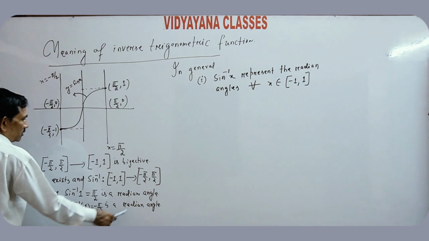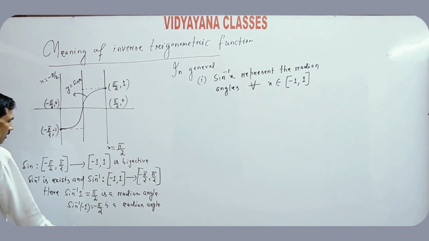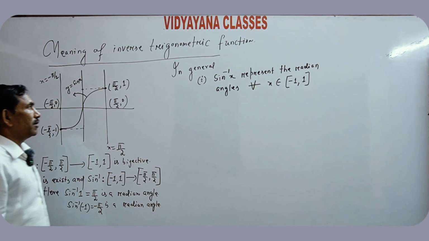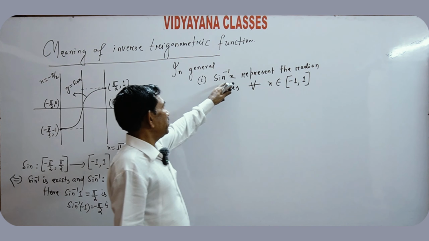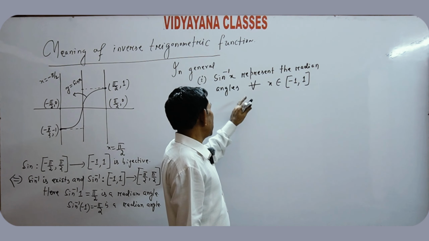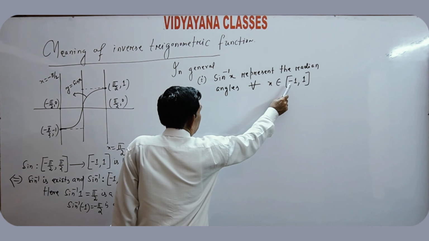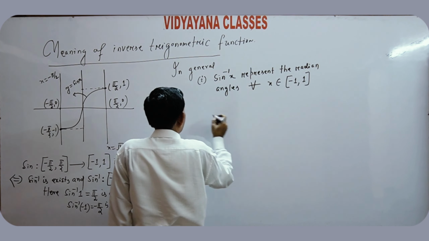As sin inverse 1 is equal to pi by 2, sin inverse minus 1 is equal to minus pi by 2, all are radian angles. Sin inverse x represents the radian angles for all x belongs to close bracket minus 1, 1 close bracket.